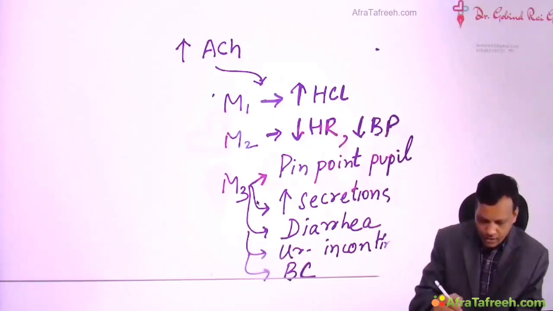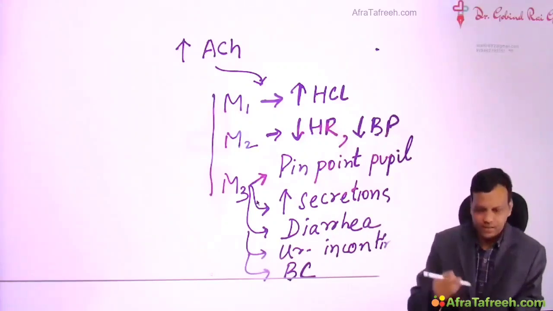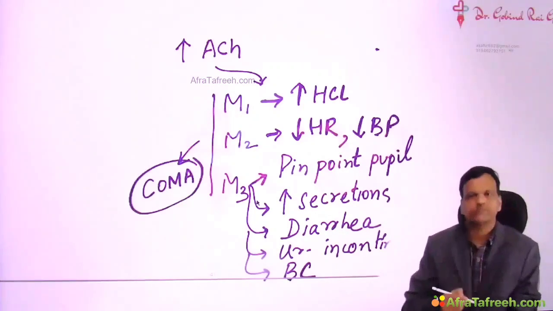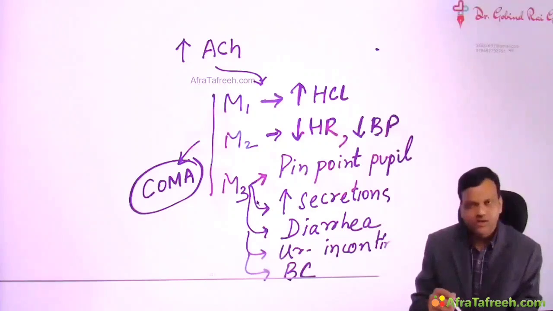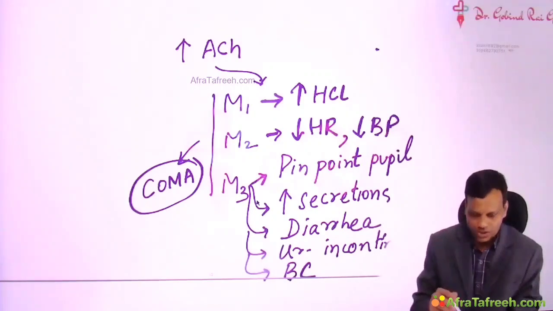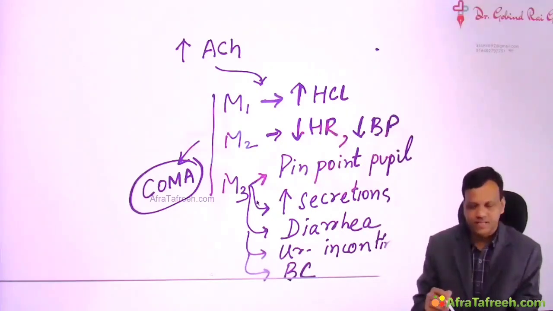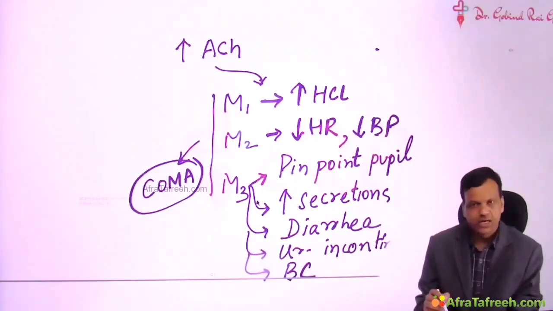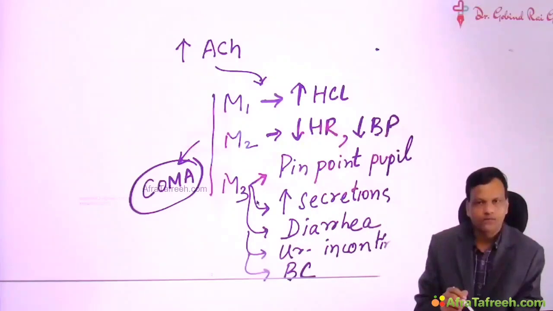And when the receptors present in the brain are overstimulated in the CNS, the person will go into coma. So in case of organophosphate or carbamate poisoning, due to stimulation of muscarinic receptors, there will be acidity, bradycardia, hypotension, pinpoint pupil, increase in secretions, diarrhea, urinary incontinence, respiratory problems and coma.